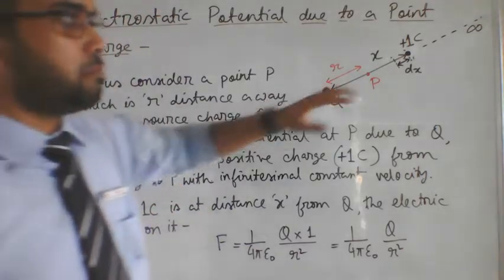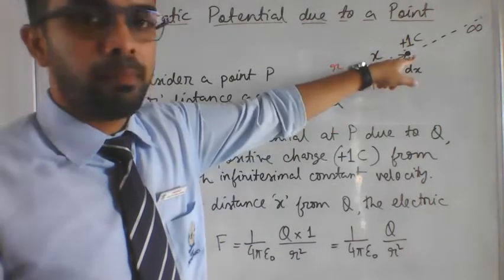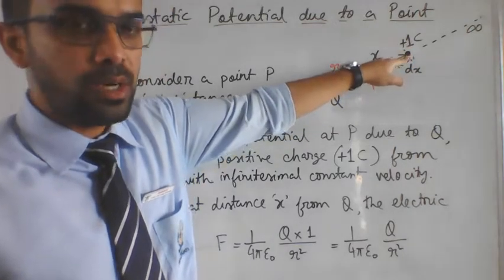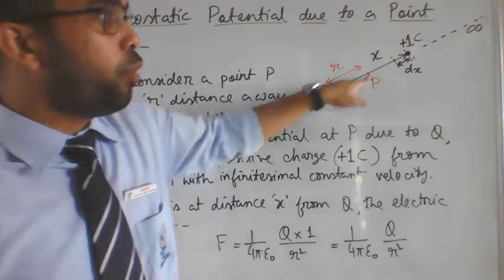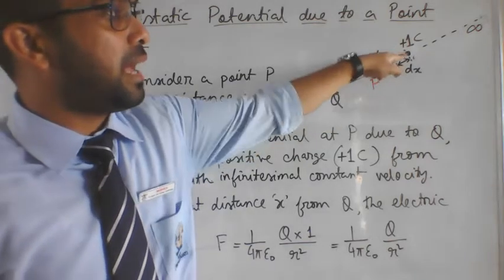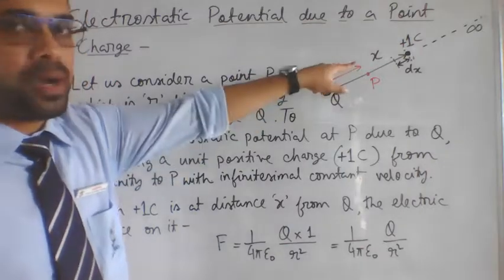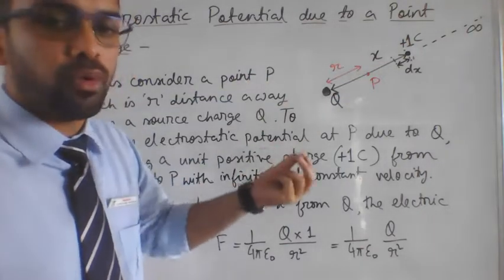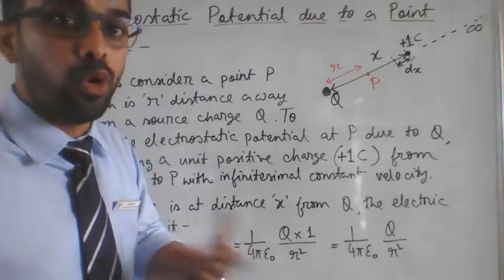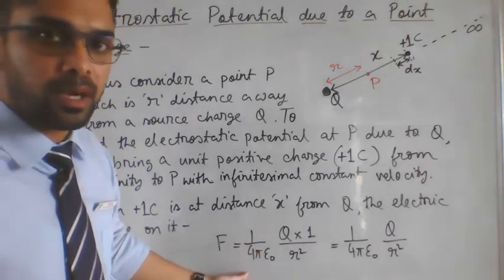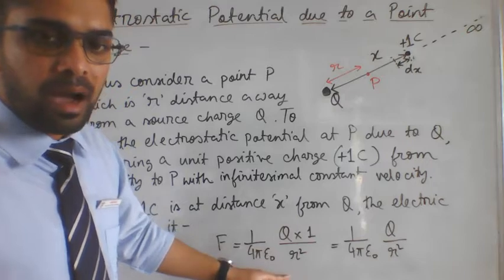We are imagining that during its journey, it has reached a point here, and at this point the distance of the unit positive charge from the source charge we are taking as x. So this black length is x. At the separation of x, the electric force as per Coulomb's law will be 1 by 4 pi epsilon naught q1 q2 by r square.